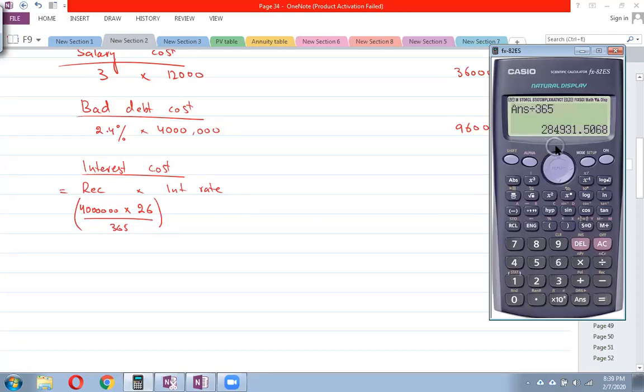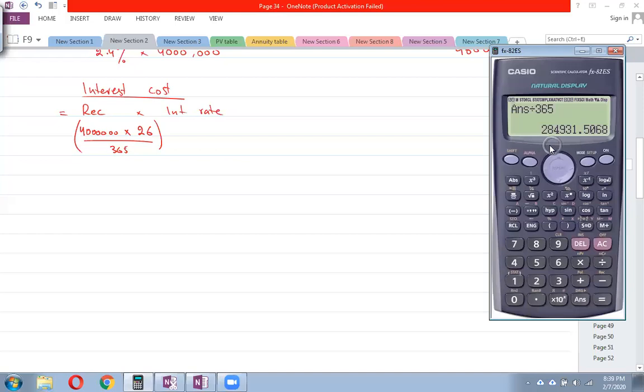It's actually, it has increased. Something is wrong. Hold on. No, it's all right. It has reduced. You see, it was 550,000. Now it's 284,931. So receivables has reduced. Why? Because receivable days are reduced.